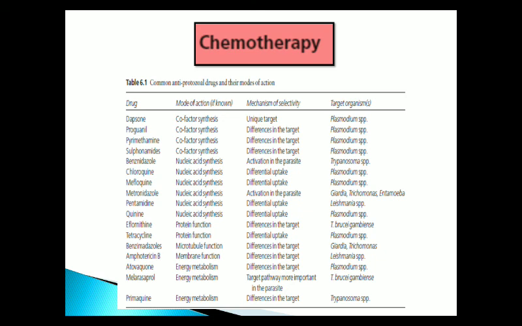That means they block the synthesis of cofactors of enzymes in Plasmodium species. So there are other examples like metronidazole, quinine, then tetracycline, amphotericin B, pyrimethamine. They have different modes of action, and their actual target is to stop the extensive effect of protozoal infection.